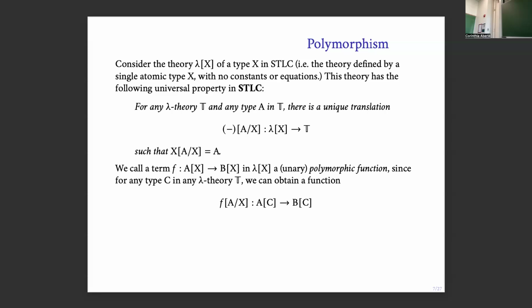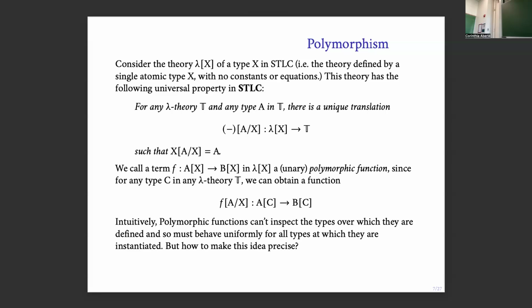And so we call a term f from A(X) to B(X) in λX a polymorphic function, since for any type C in any lambda theory T, we can obtain a function f by, oh, that should be C in there, sorry. But anyway, if we have a function that's defined over X in λX, then we can substitute any other type for that and get a function of the corresponding type in any other theory, just by applying this translation.